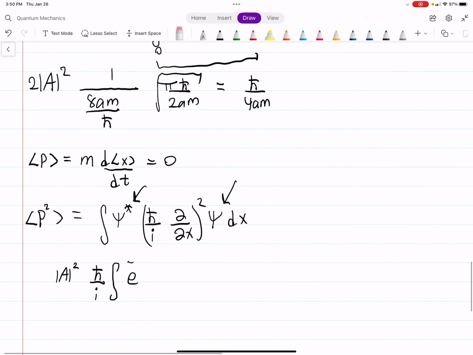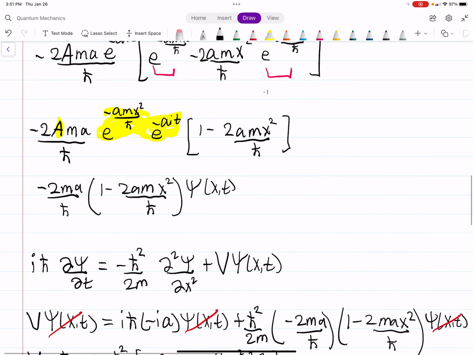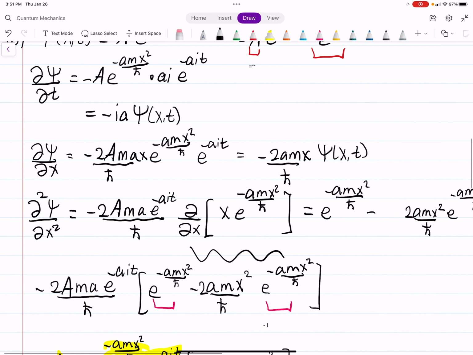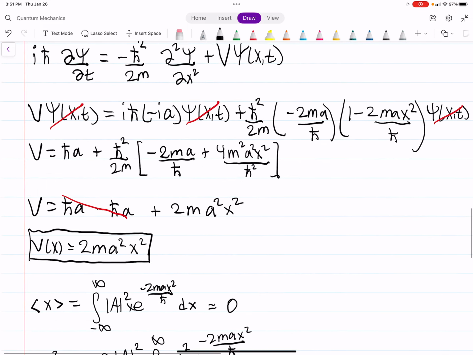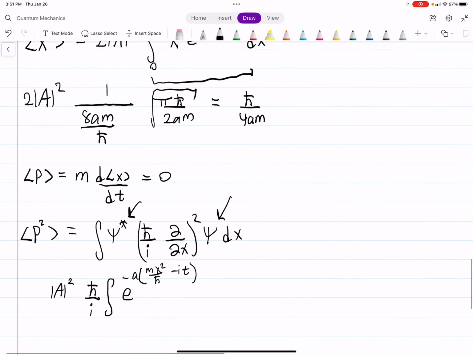So e to the minus a m x squared over h bar minus it. Did I get all that right? It's an x squared. Yep.